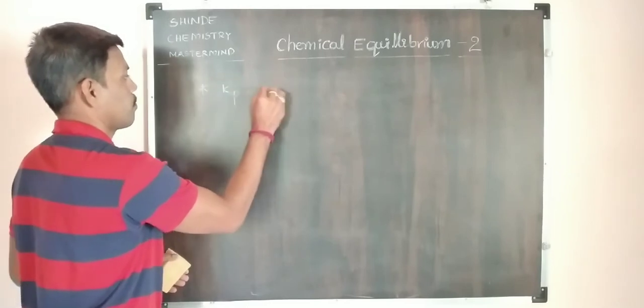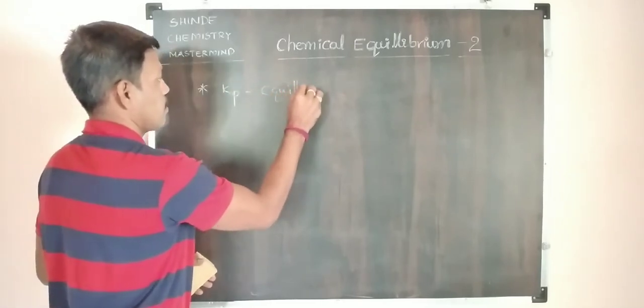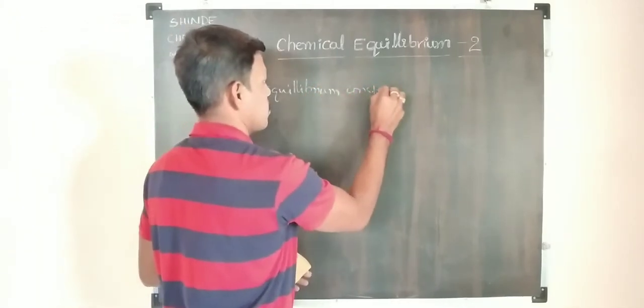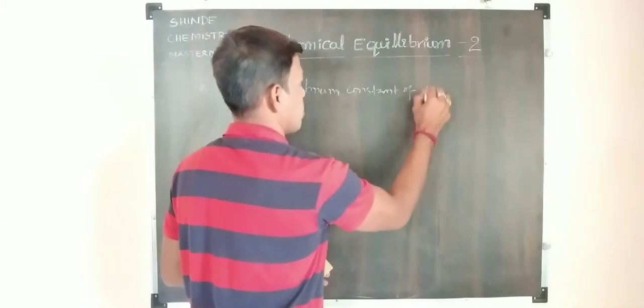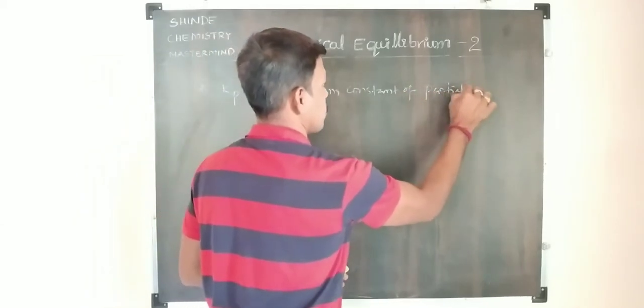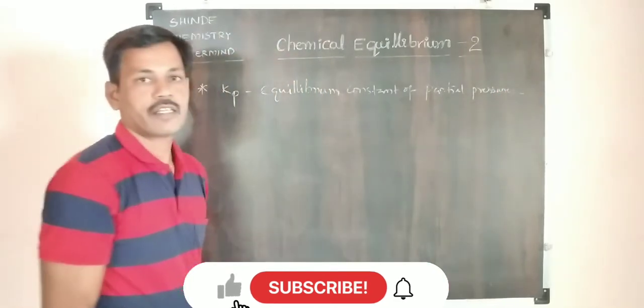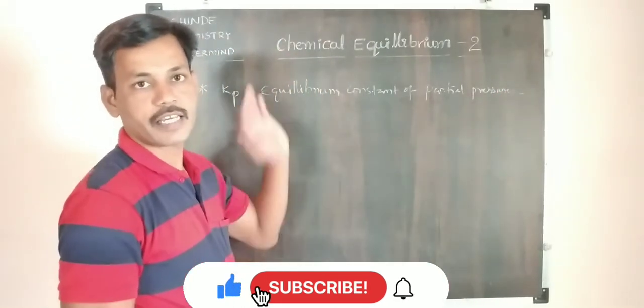Equilibrium constant of partial pressure. So here, instead of Kc, why are we taking Kp?